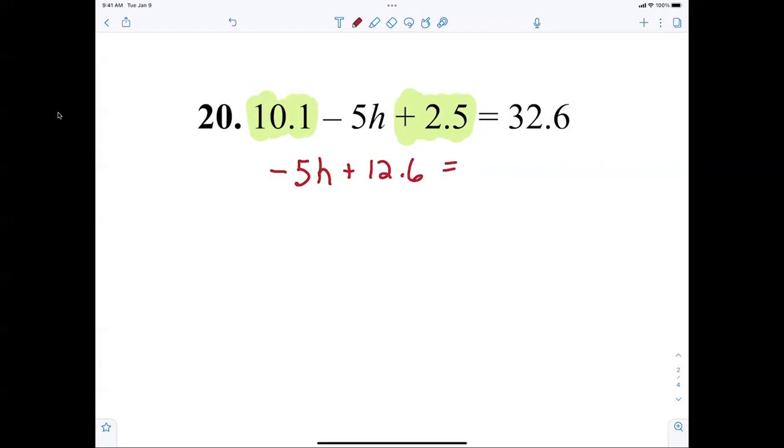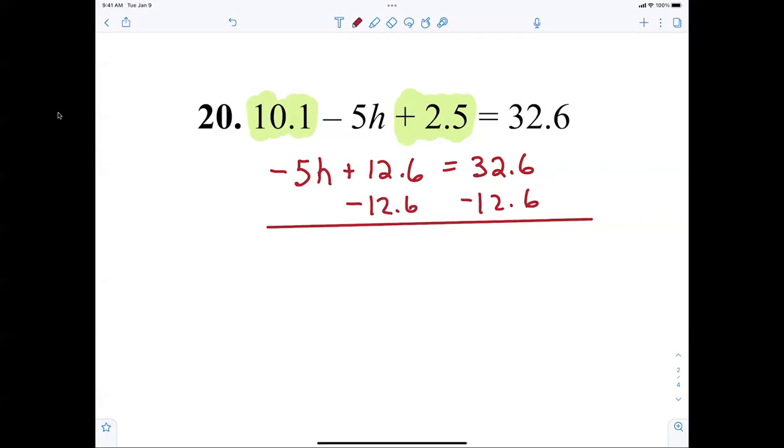Just look up on the board. And then subtracting 12.6 would give you 20. Good. -12.6, -12.6.